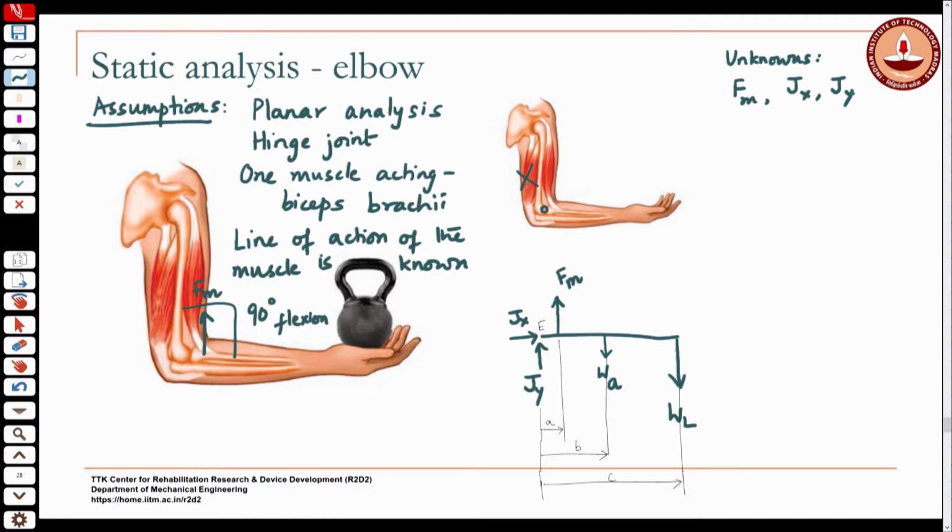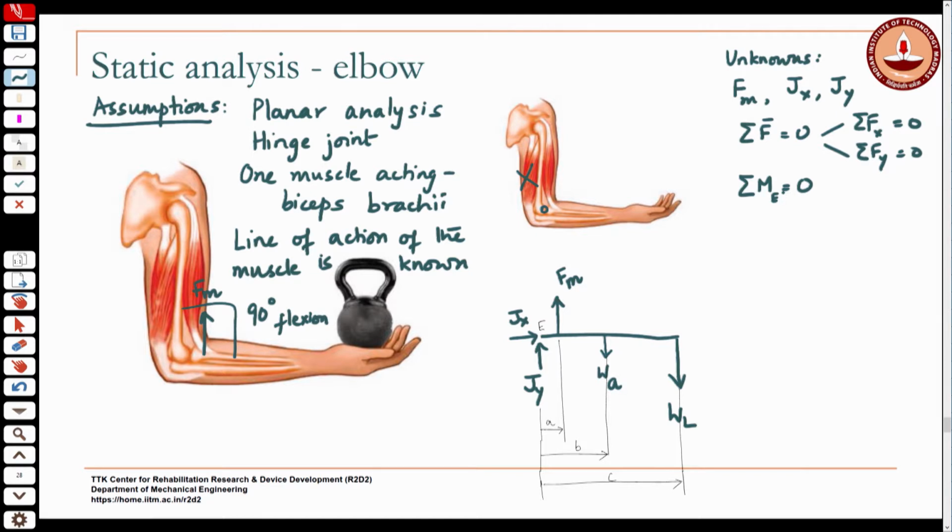Now I just apply the equations of static equilibrium, which would be sigma F equal to 0, which gives me 2 equations, sigma Fx equal to 0, sigma Fy equal to 0, and then sigma M equal to 0. So, I can take moments about the elbow.